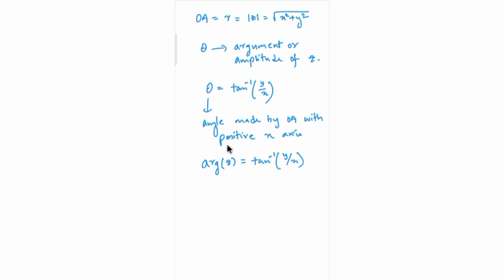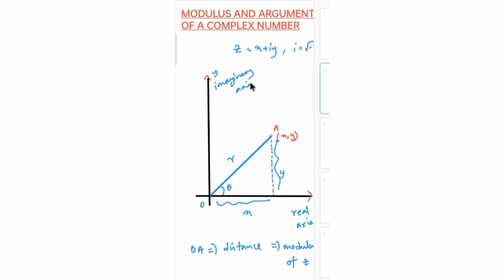The most important point is that the argument of z, which is equal to theta, is not unique. Why is this not unique? For example, we have defined this as theta, and now after a rotation of 360 degrees, coming again to the same point, we will get the same angle.